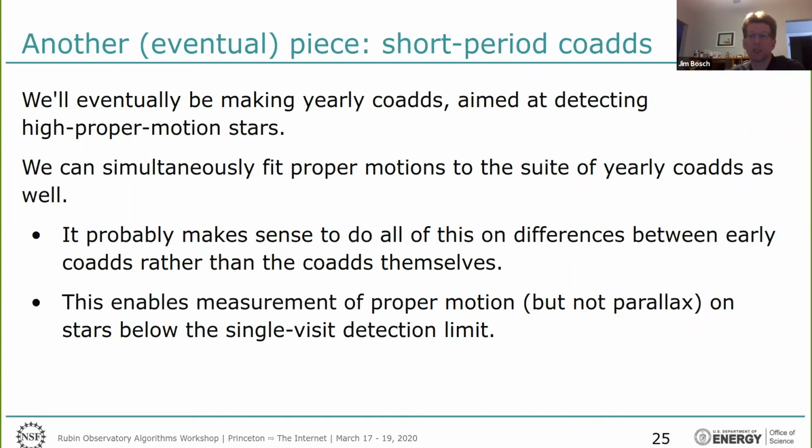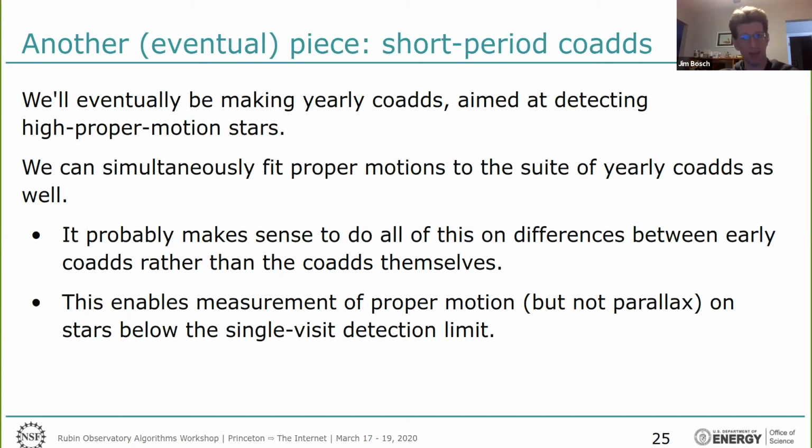Another piece of the puzzle is that we'll eventually be making yearly coadds. Yearly doesn't necessarily make sense for DR1, but the idea of these was always to detect high proper motion stars that may smear out in a full survey coadd, but would be quite visible, and their motion would be less than the PSF size or a quarter of the PSF size in a single yearly coadd.